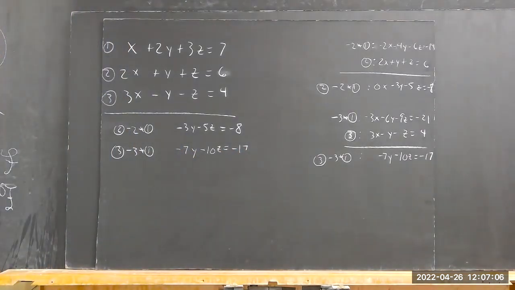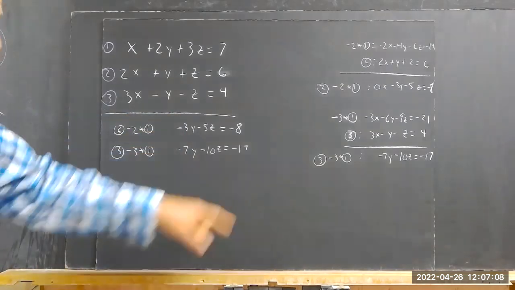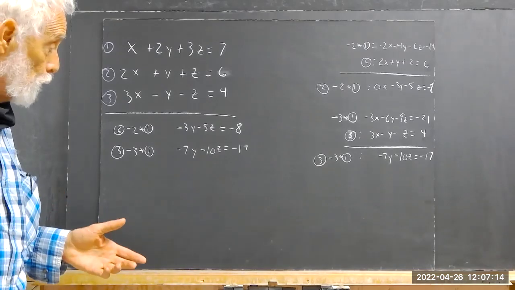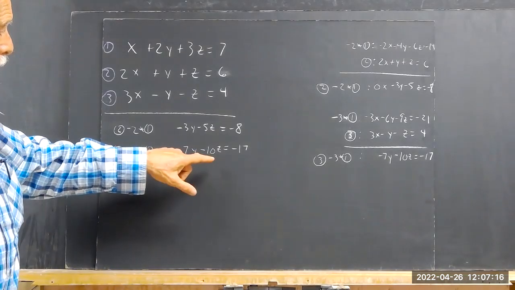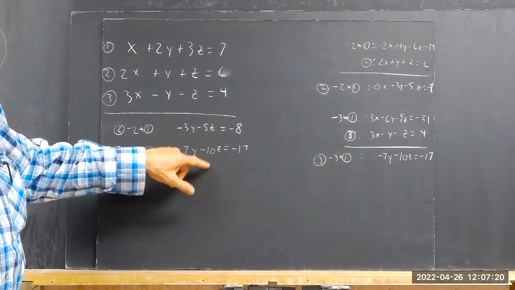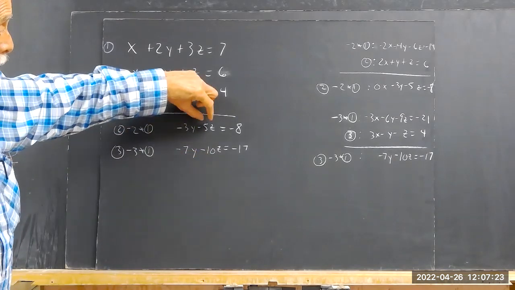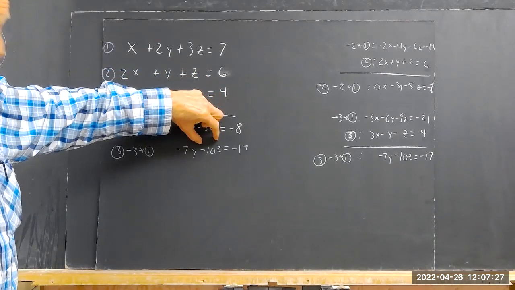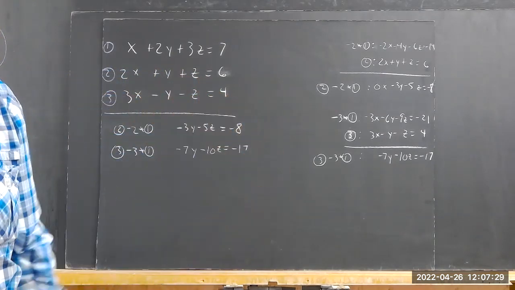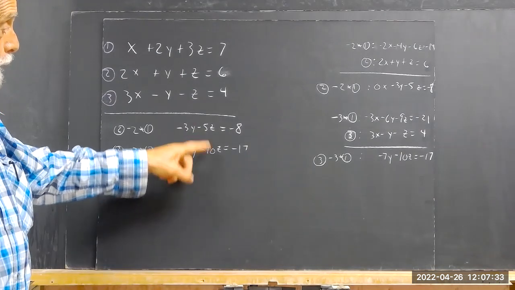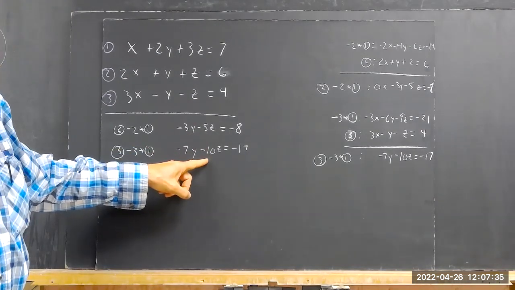Okay. Now I've got 2 equations and 2 unknowns. Now, I can notice that the 10z and the 5z will make z easy to eliminate, because if I do -2 times this, I get a plus 10z, which would go with my -10z and eliminate z. Okay. Since this number is a multiple of this number, it makes it easy to eliminate z.